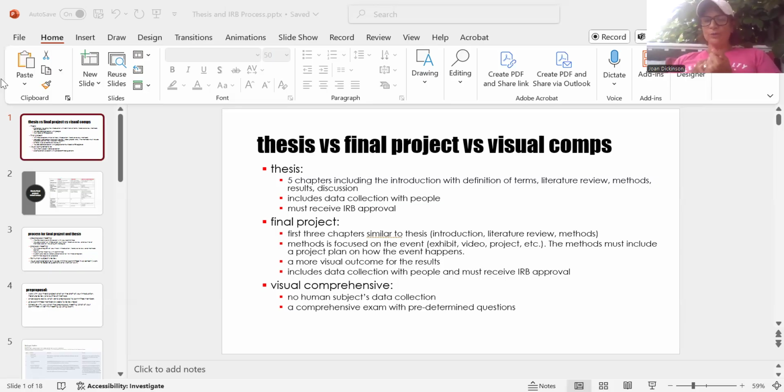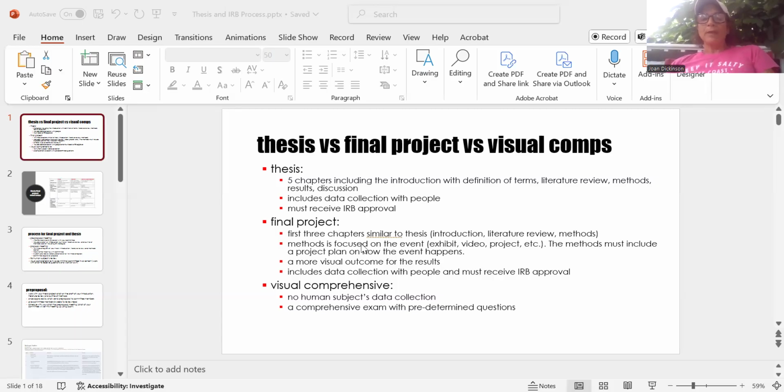The final output could be in a video format. It could be some kind of prototype design that you have come up with. Maybe it's some type of artwork or art installation that you have generated. And that's where the difference comes into play.